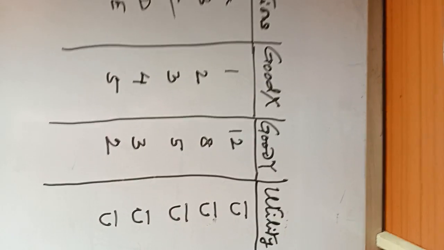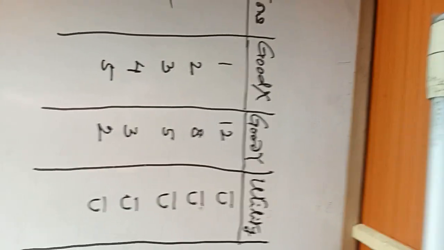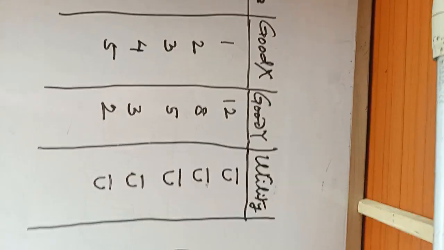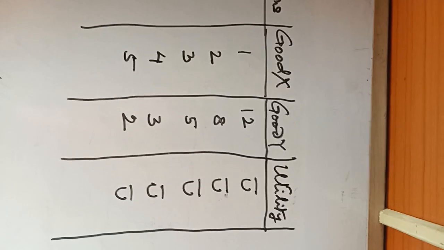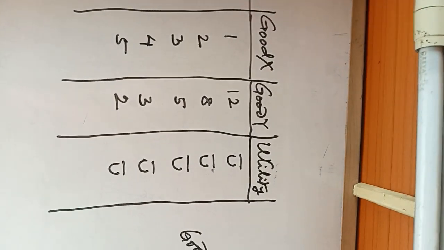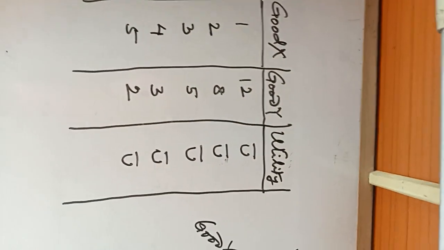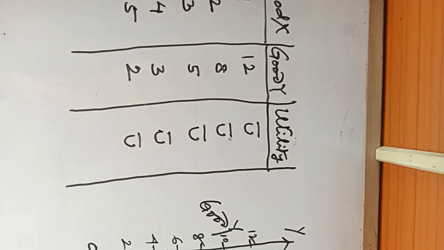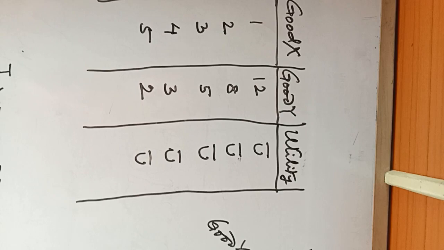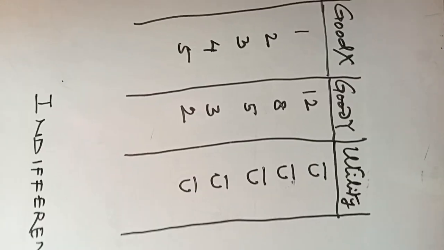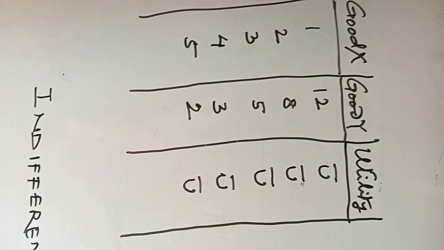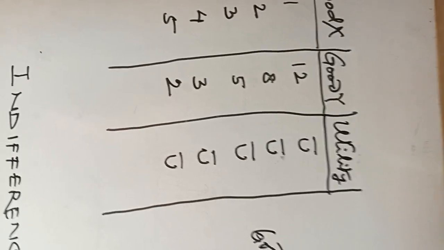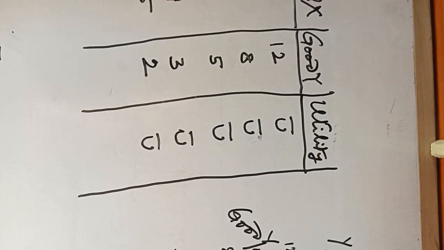Marginal rate of substitution refers to the rate at which one good can be substituted for another, keeping the level of satisfaction unchanged, the utility is unchanged.